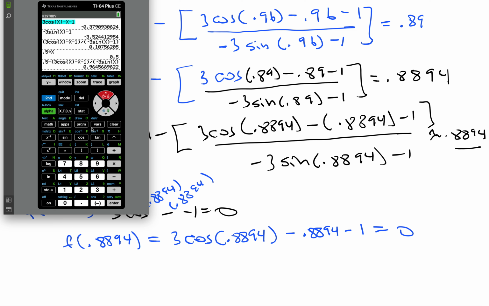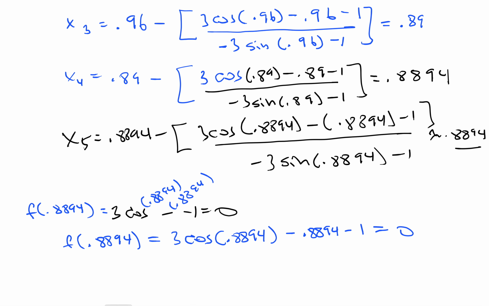That's the one. 3 cosine x minus 1. Bring it down. We'll just do this actual number with 4 decimal places, 0.8894. Enter, store, x, and then bring down this one. Plug it in. Look at this. 2.3 times 10 to the negative 4.